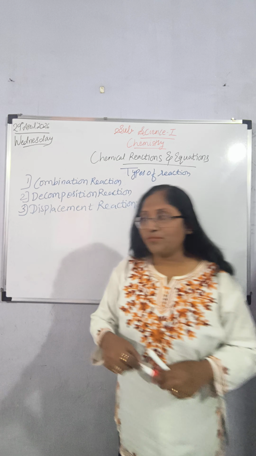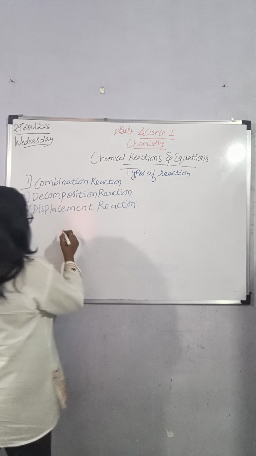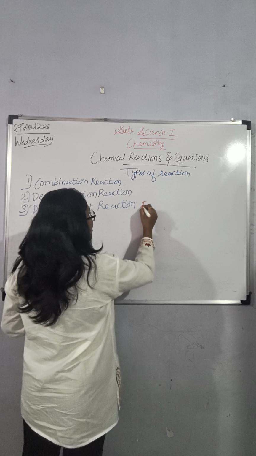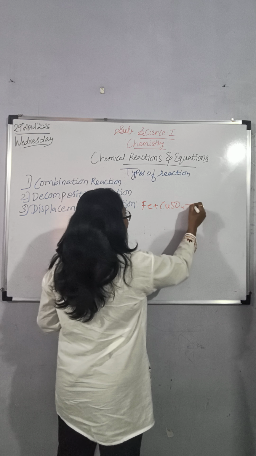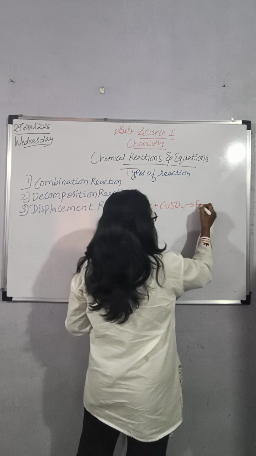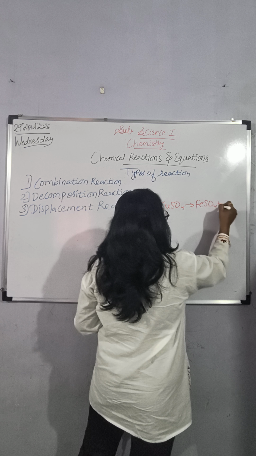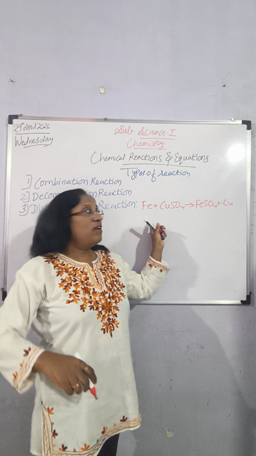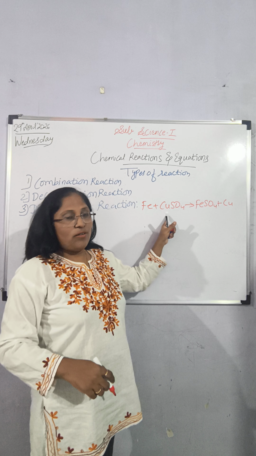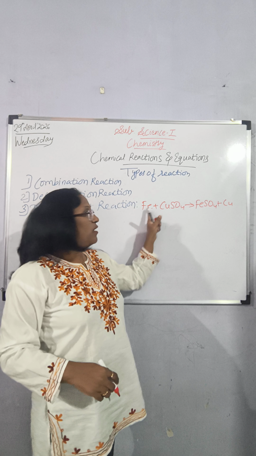Example we'll see: iron plus copper sulfate gives what? It gives ferrous sulfate plus copper. Now iron is a more reactive metal than copper.